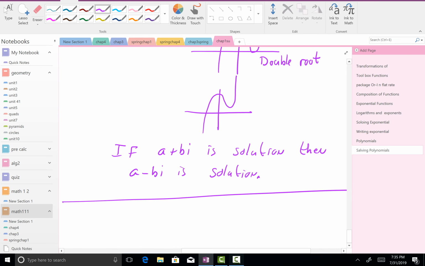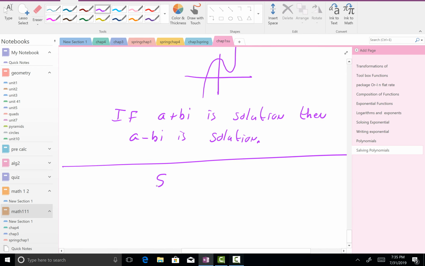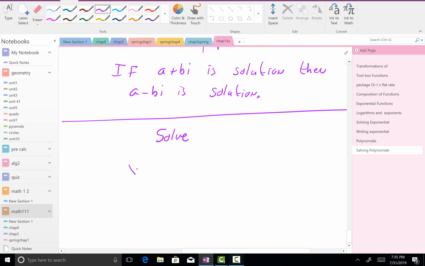All right, so let's solve these. Here's how it's going to work. x cubed plus 8x squared plus 7x minus 24 is equal to 0. Now, when we had quadratics, we could use the quadratic formula that would solve everything. But we don't have a formula for cubics. We don't have a formula for 4th degrees or 5th degrees.